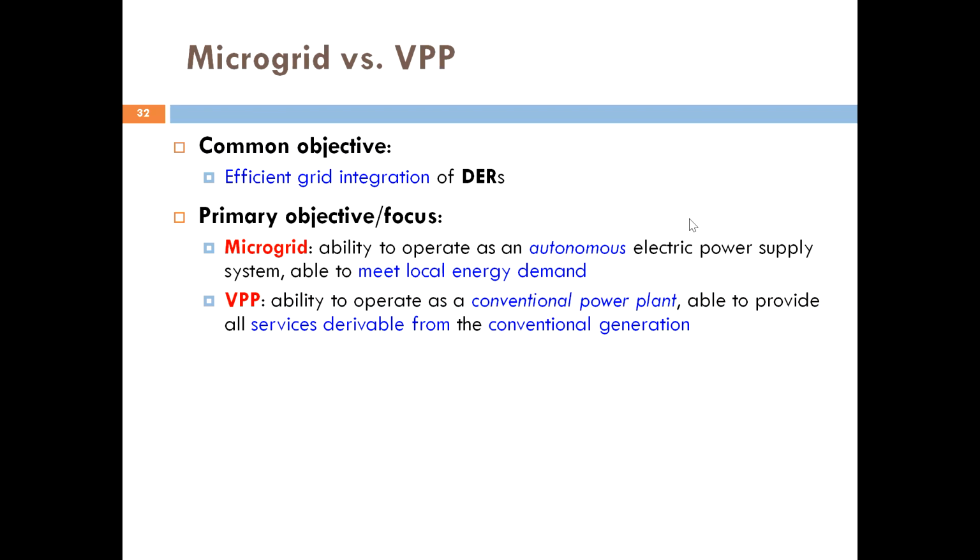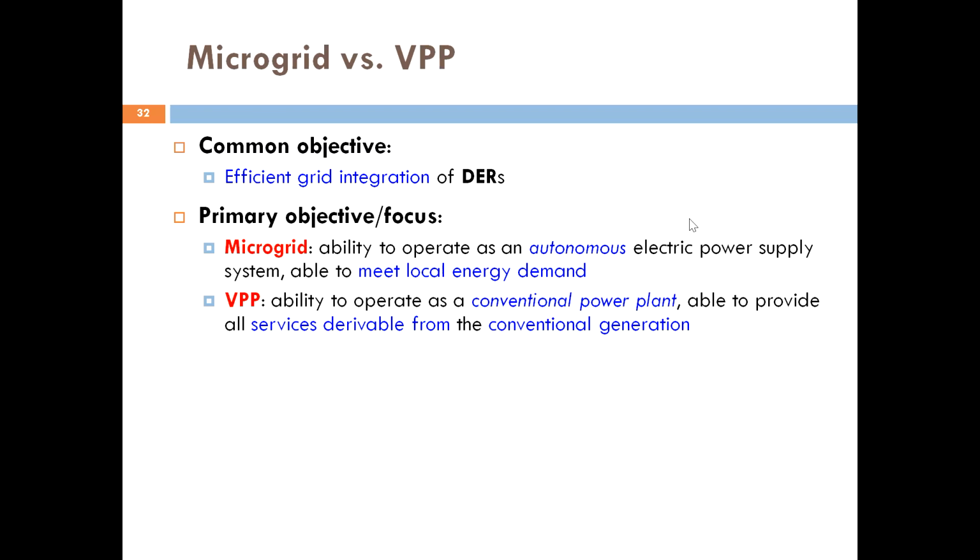A microgrid is able to operate in conjunction with the grid, as well as independently of the grid, and it is mainly focused on meeting local demand and improving the reliability of supply of electricity to the local demand, almost independently of the grid.